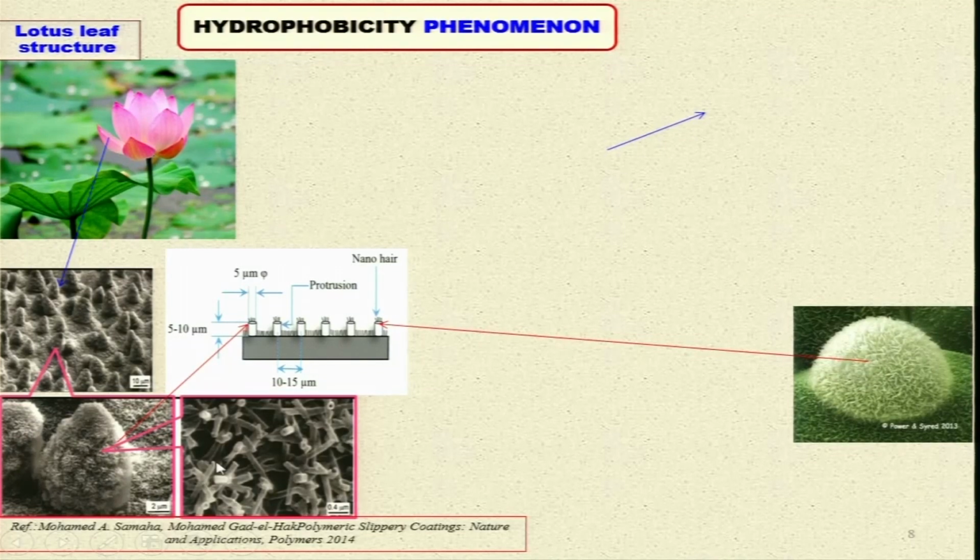If you magnify this particular part further, they look like this. We tried to develop this schematic diagram for this particular part, and you can see this is the leaf, and these are the micropillars on the leaf, and over these micropillars nano hairs are there, and because of these nano hairs and micropillars, you have a hydrophobic surface.